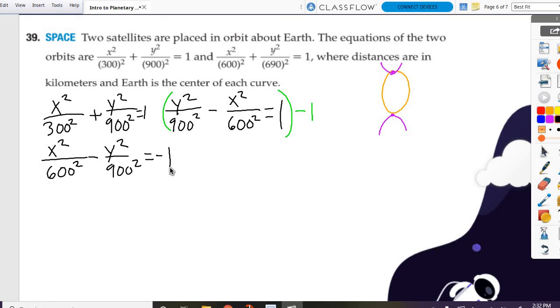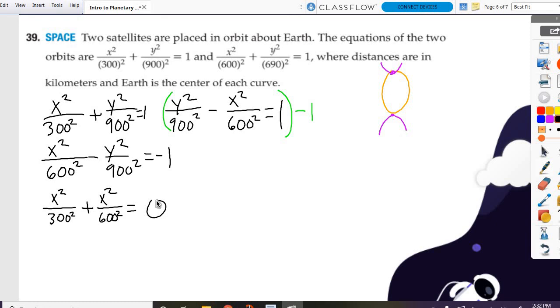So notice that when we add those two things together now, my y's are going to go away. And so we would only have x squared divided by 300 squared. And then we're going to add x squared divided by 600 squared equals 1 plus negative 1 is going to give us 0, which is nice.